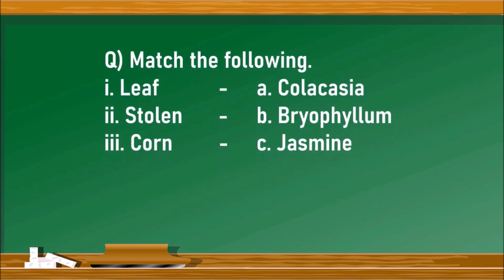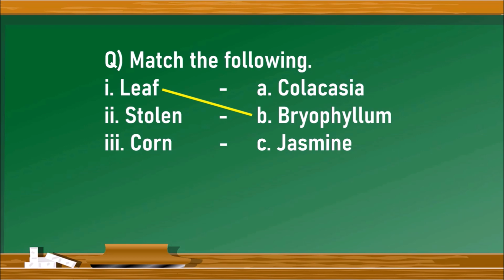But paramecium with budding is the mismatched one. Next question. Match the following. There are again two sections. Section A contains leaf, stolon, corm, whereas section B contains colocasia, bryophyllum, jasmine. These are matches regarding vegetative propagation.